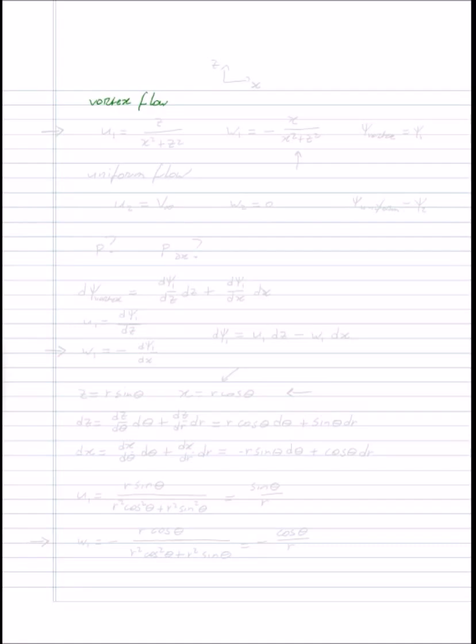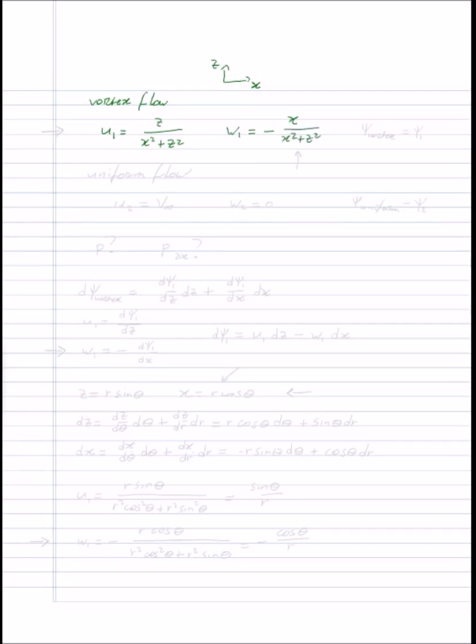So we've got ourselves u1, so that's the velocity in the x direction, which is given by z divided by x squared plus z squared. So we're looking at a two-dimensional space in the z-x plane, and then we've got w1 is going to be equal to minus x divided by x squared plus z squared.